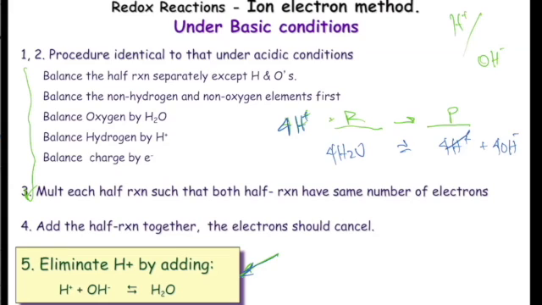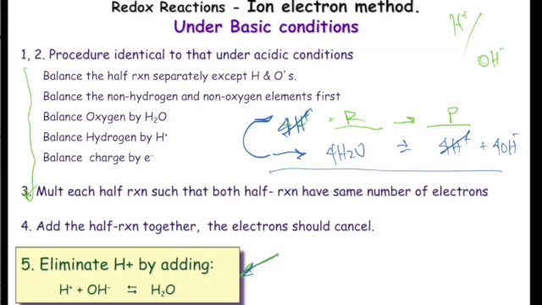The H plus will now cancel, and what you want to do is just add this reaction right here to the previous equation. And now H plus is substituted with OH minus. Now you're under basic conditions. That's the only added step you need to do under basic conditions.